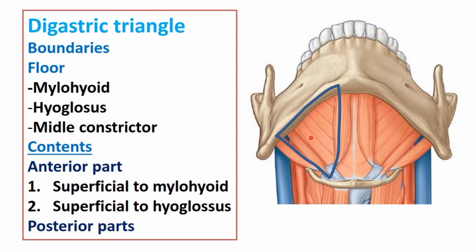Okay, so the anterior part and posterior part. If we divide the contents into two parts, some structures are present anterior and some posterior. The anterior part is superficial to the mylohyoid and superficial to the hyoglossus. Then the posterior part is present behind the mylohyoid and behind the hyoglossus.